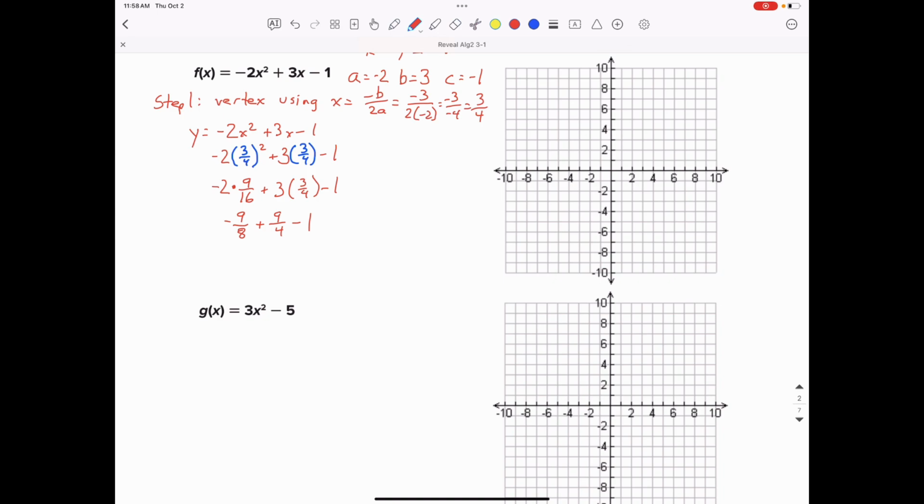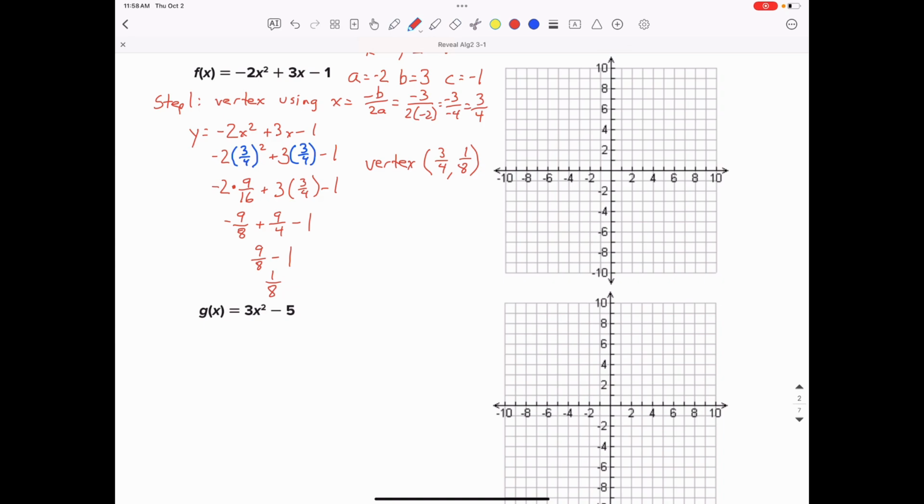Negative 9/8 plus 9/4, that is actually going to be positive 9/8 minus 1. And when you take positive 9/8 minus 1, you get just 1/8. So that is the y value of the vertex. So we can say the vertex is located at, the x value is 3/4, and the y value was 1/8.